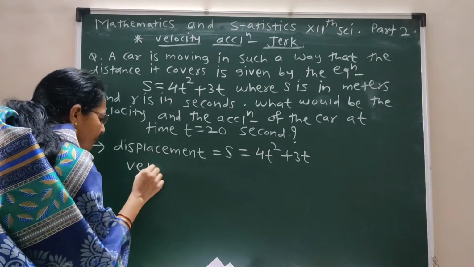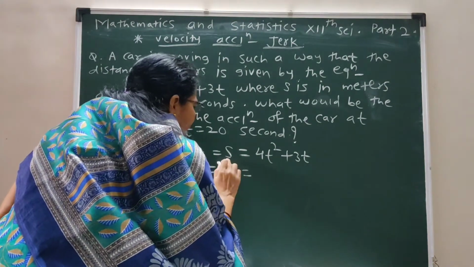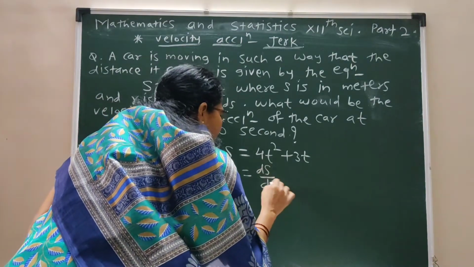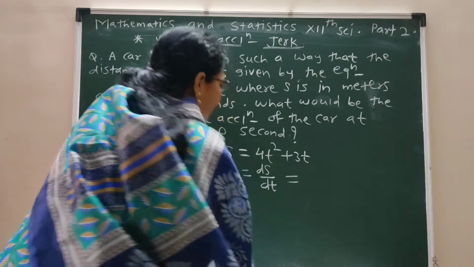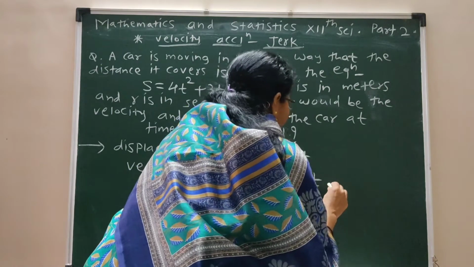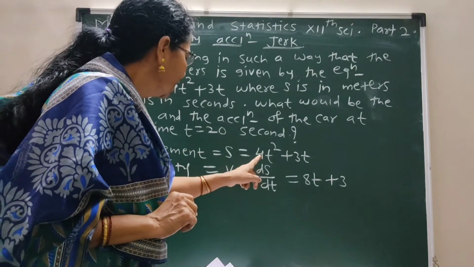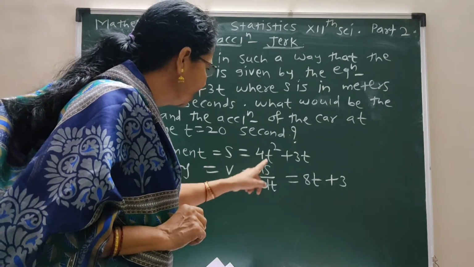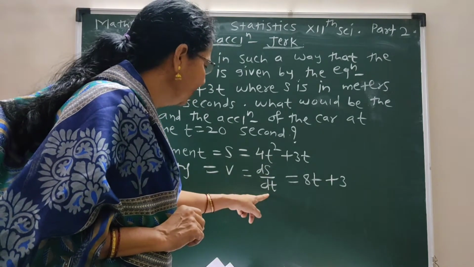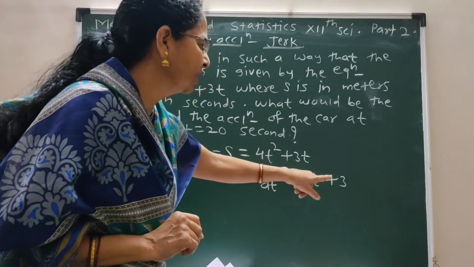Velocity v is equal to the derivative of s with respect to t, ds by dt. Take the derivative here: 8t plus 3. S is a differentiable function of t, so ds by dt is derivative of 4t square, 8t, plus derivative of 3t, which is 3.